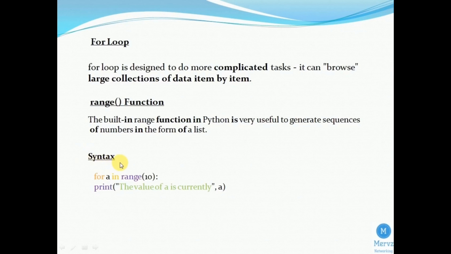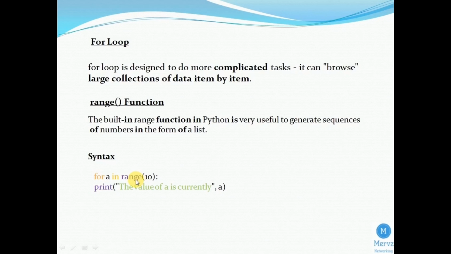In syntax, keyword for, then any variable after the for keyword is the control variable. The control variable counts the loop's turns. Then keyword in, describing the range of possible values being assigned to the control variable.